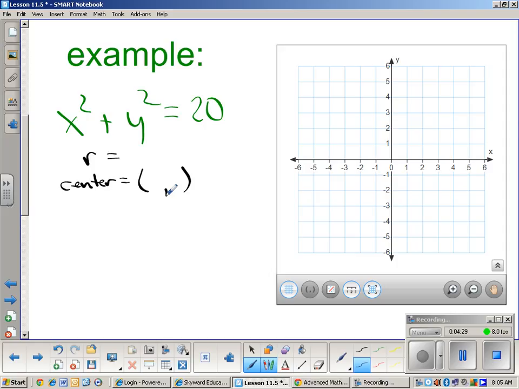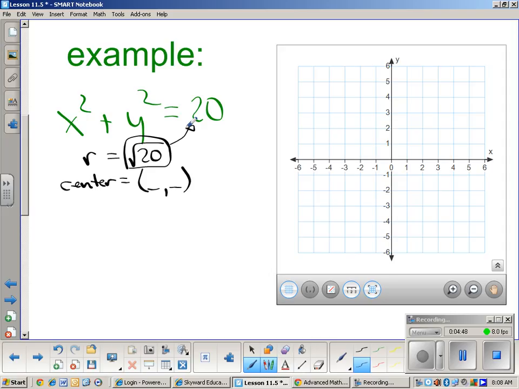Let's pause, let you think about that for a minute. The center will have two coordinates, an x and a y. What do you think it is? (0, 0). I would agree with that. And we decided the radius is the square root of that number right there.